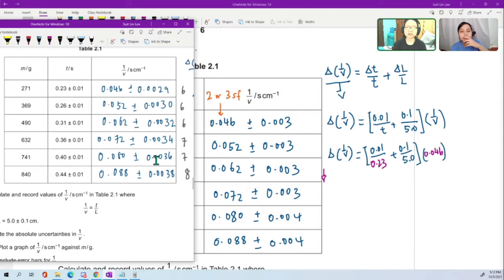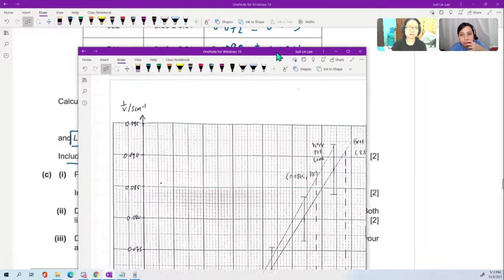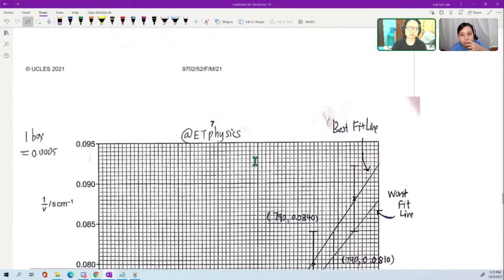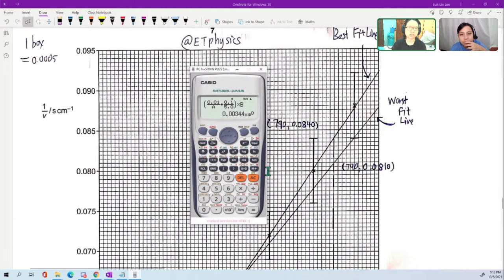Because the smallest reading that we can get from the graph, let us look at the graph for a bit. So in this graph, if you want to find what your smallest available reading is, what we can do is you just see the difference between here to here is 0.005. And then there are like 10 boxes. So it's 0.005.